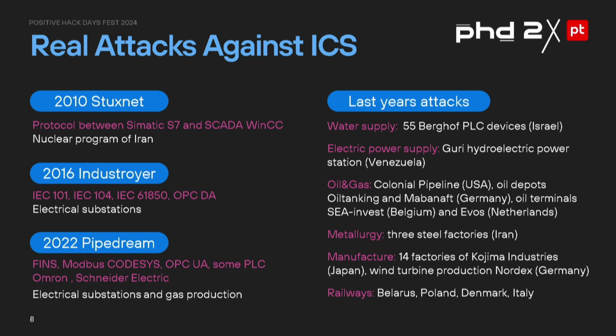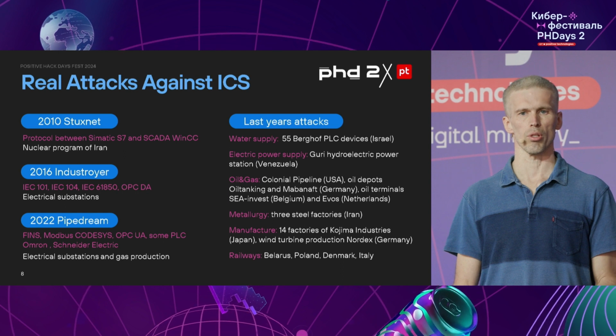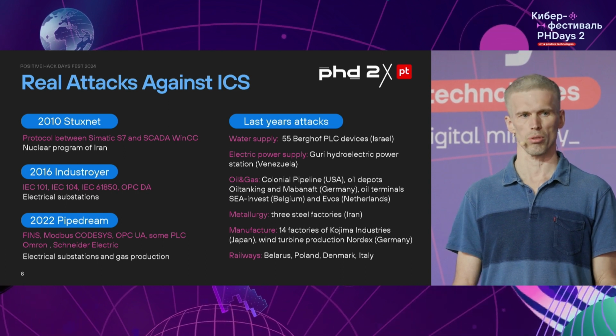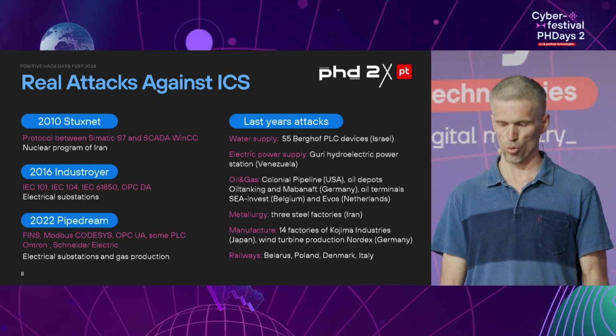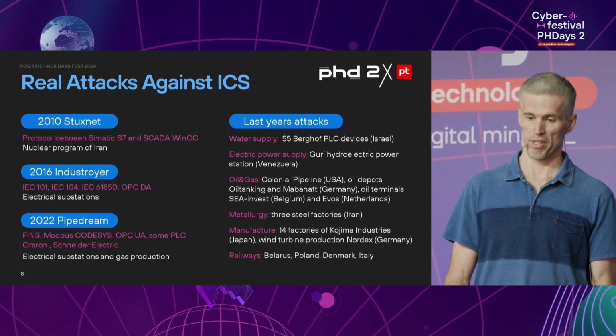So to update you on these attacks, it all started with the Stuxnet worm. It disrupted the Iranian nuclear program. And to the left, you see two more worms, Industroyer and Pipedream. And in red, you see the names of industrial protocols that they engage. So this is important knowledge.